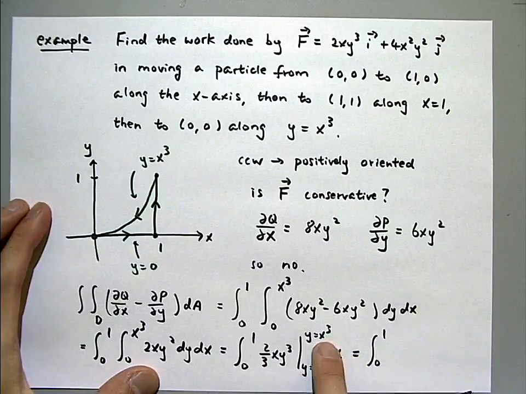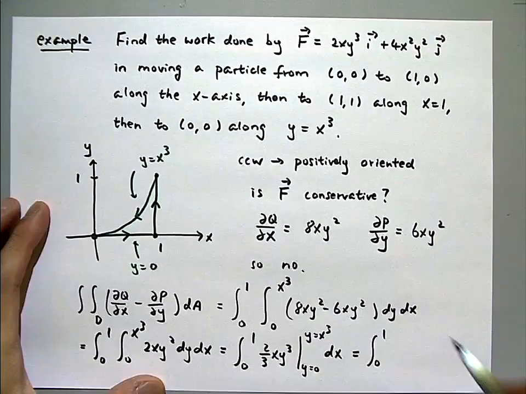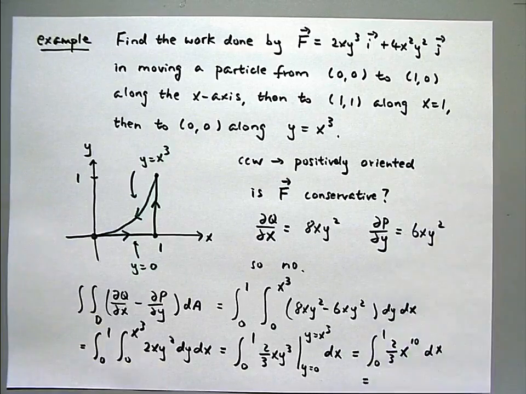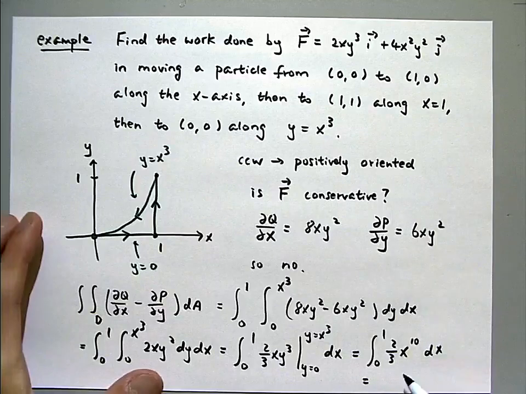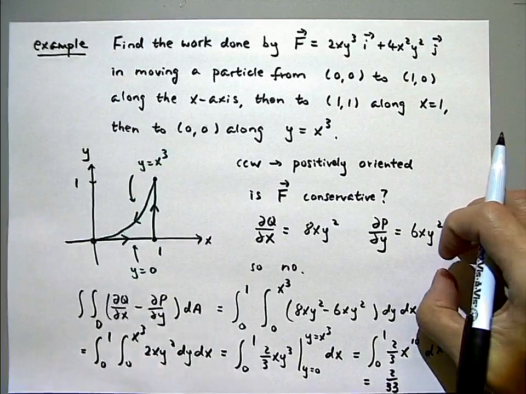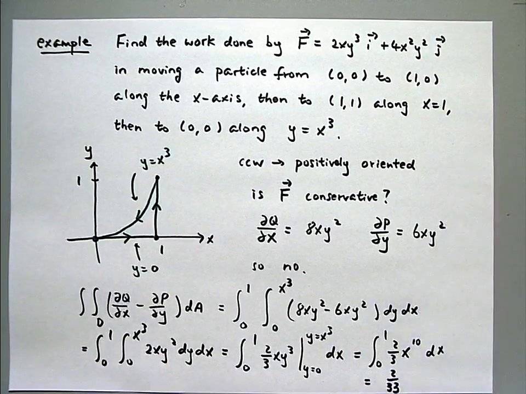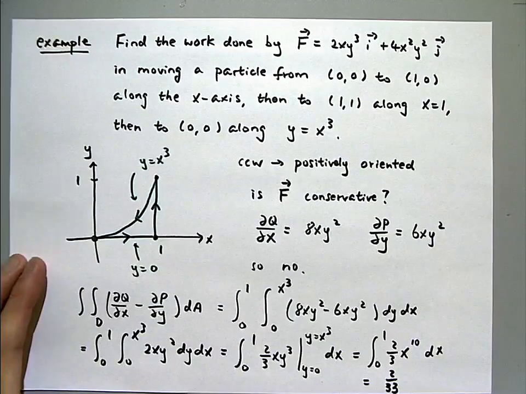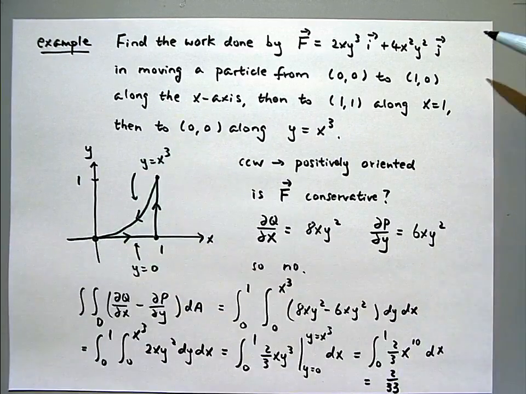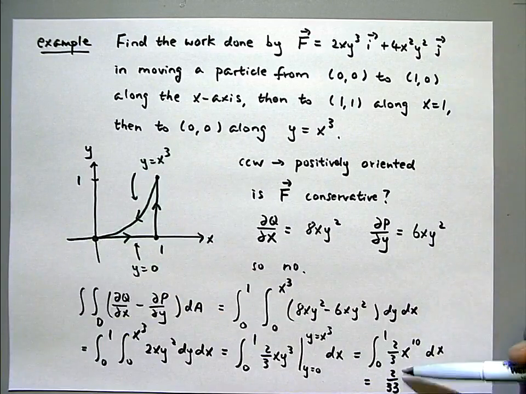So this turns out to be x to the 9th, x to the 10th, 2/3 x to the 10th dx, which will give me 2 over 33 x to the 11th from 0 to 1, and that just turns out to be 2 over 33. So there we go. The work in going around in that path, in that vector field, is 2 over 33.